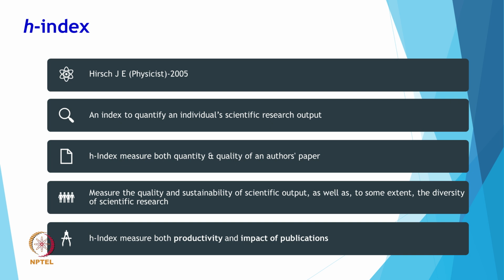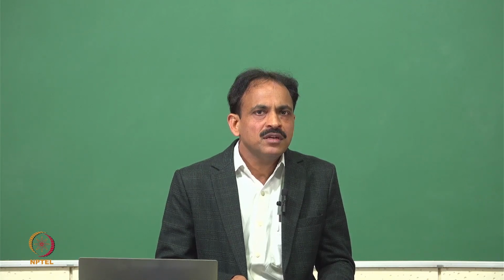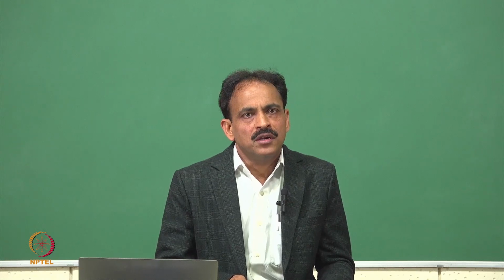It also measures the quality and sustainability of scientific output as well as, to some extent, the diversity of scientific research. H-index measures both the productivity and impact of publications. It is the metric that measures the impact of an author's scholarly output and performance. It compares publications to citations to measure both quantity and quality.